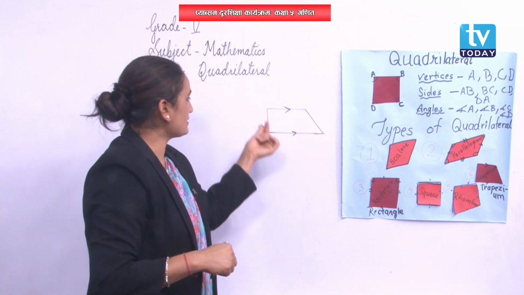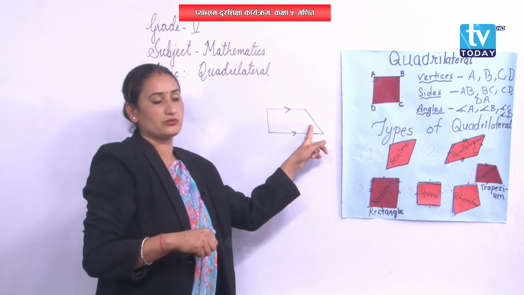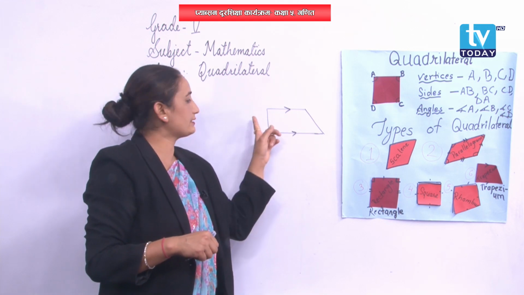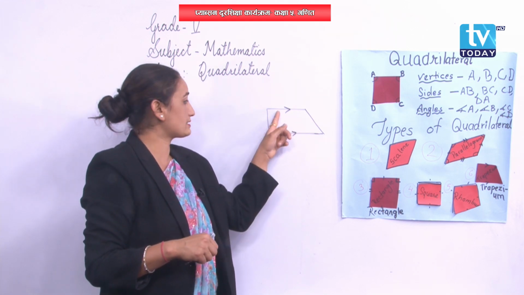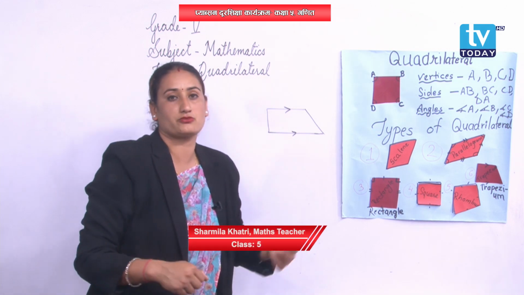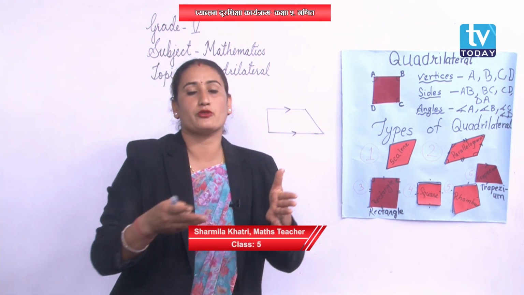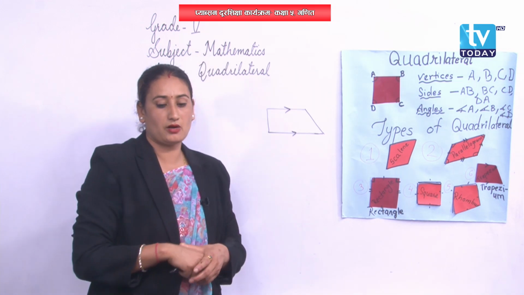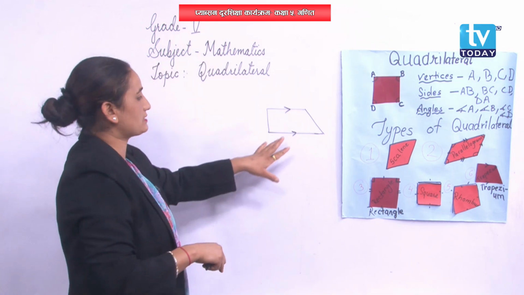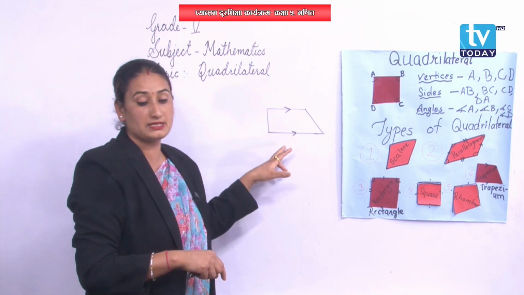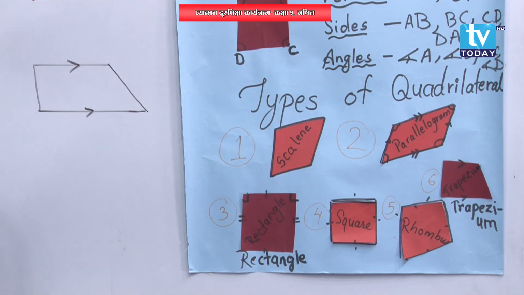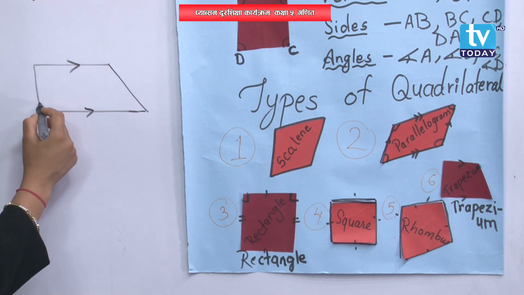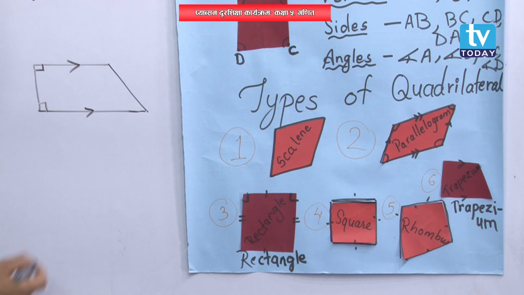So, students, see here, this side also doesn't match with this side. This length doesn't match with this length, and this side they don't match with each other, but they are moving through the parallel line. So, we can call it one pair of opposite sides. One pair of opposite sides are parallel. Okay, but in angles, two sides' angles will be 90 degree.